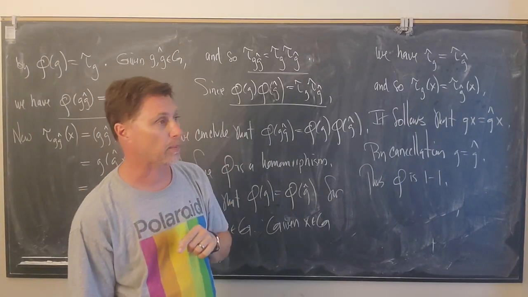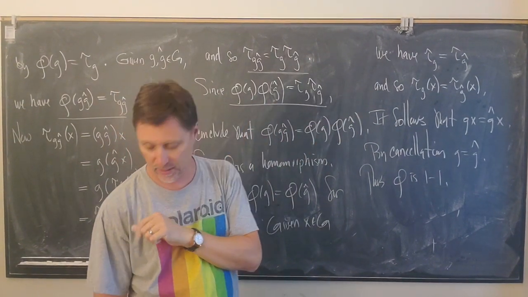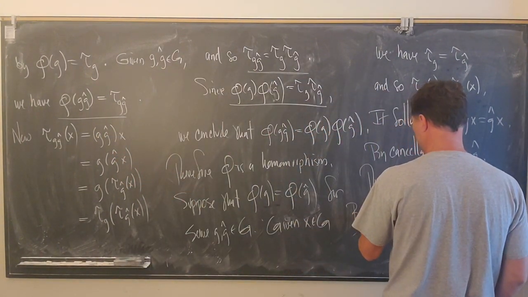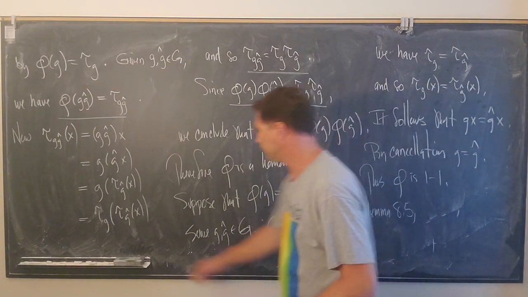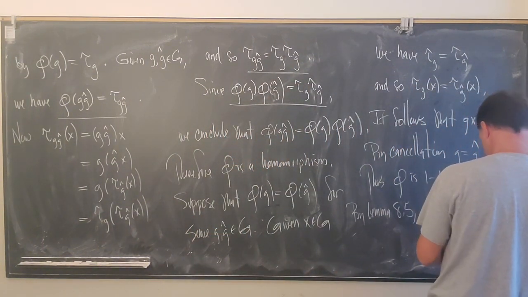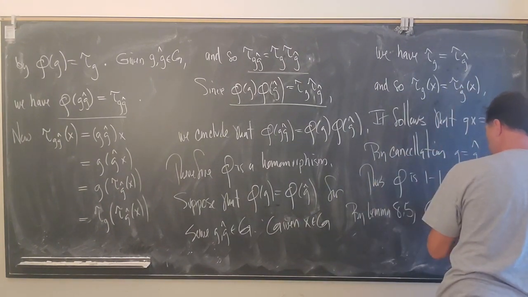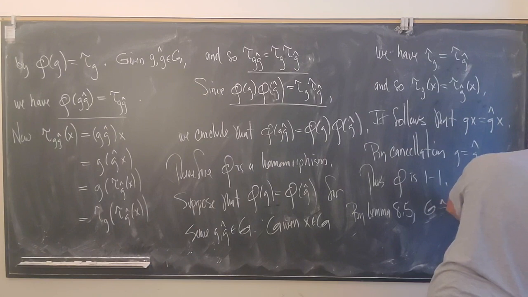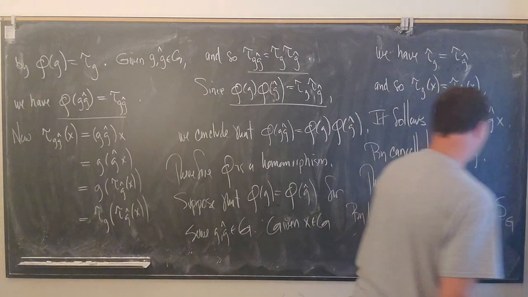According to our previous lemma, part B, that means that G is isomorphic to its image inside S of G. So by lemma 8.5, G is isomorphic to H of G, and H of G is a subgroup of S of G. That completes the proof, right?